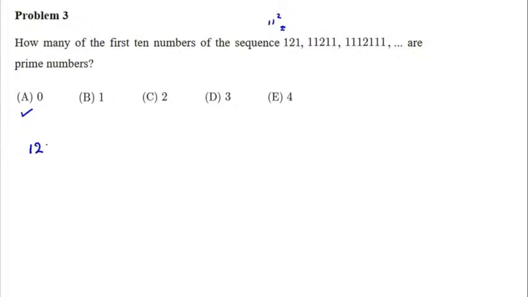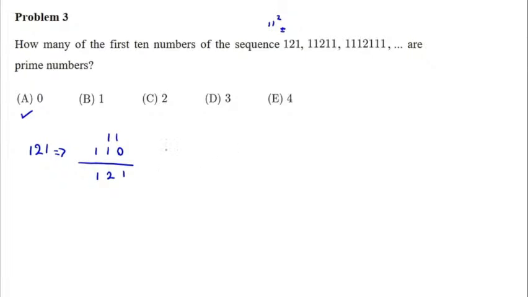For 1 2 1, we say it is equal to 11 plus this. Let's consider 0. It will be 1 2 1. So we can say that 121 is 11 plus 11 times 10, or it will be 11 times 1 plus 10.